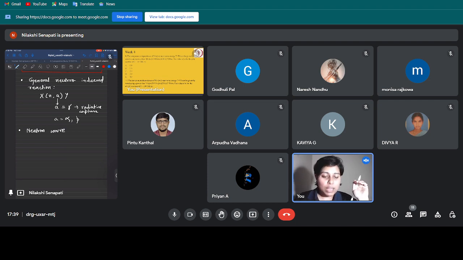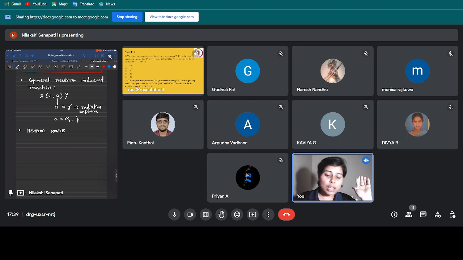So neutron wave is indifferent to the charge of a nucleus or electrons. Neutrons can penetrate some solids and liquids where the charged particles cannot penetrate. That is the main important key concept about the neutron wave. So that's why we are discussing neutron wave.